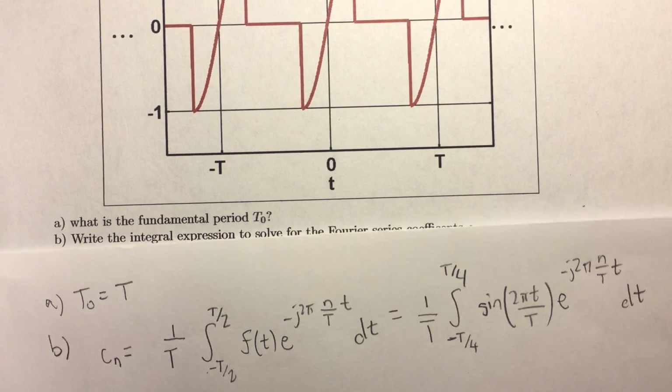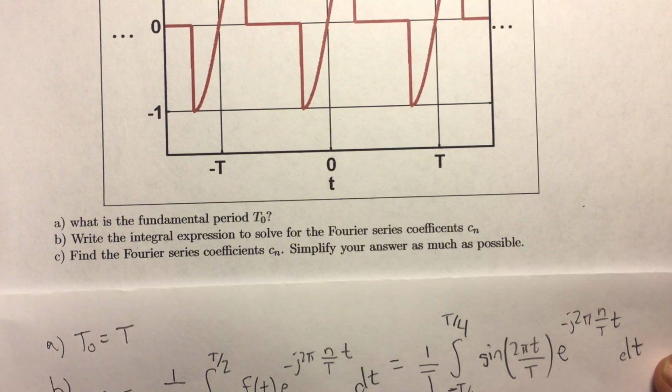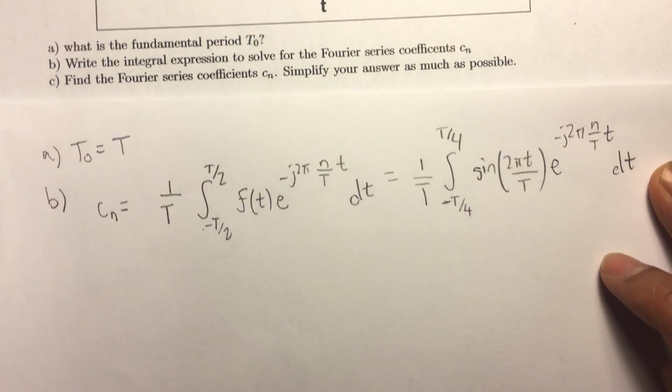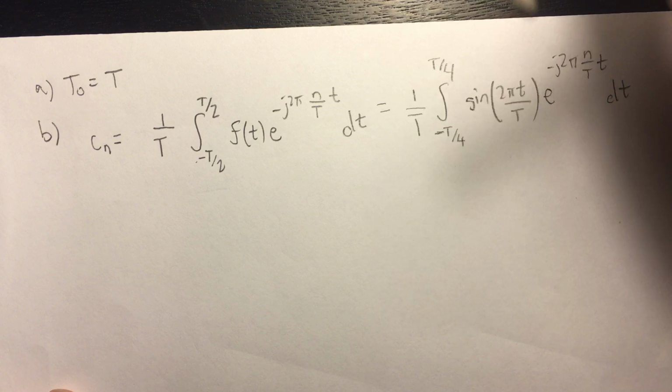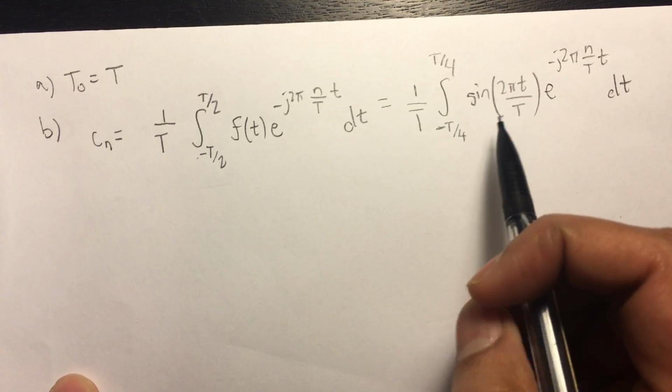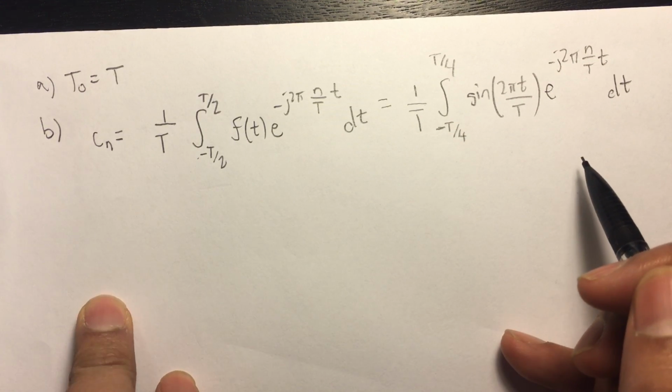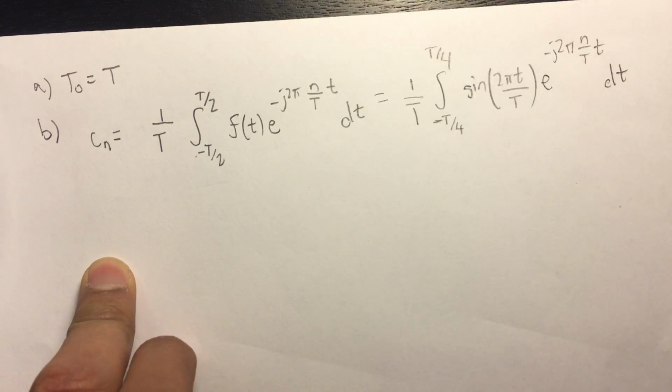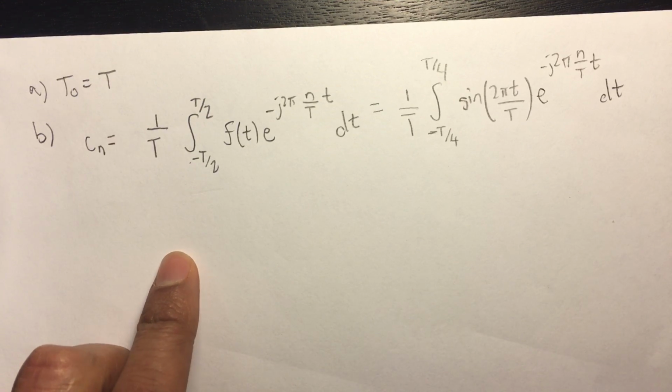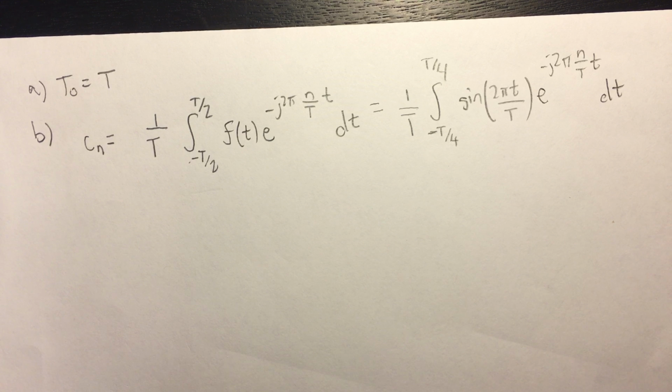Okay. The last part is find the Fourier series coefficient, simplify as much as possible. So I'll move this out of the way. It's basically doing this integral, right? There are many ways one can do it, easier ways and hard ways.